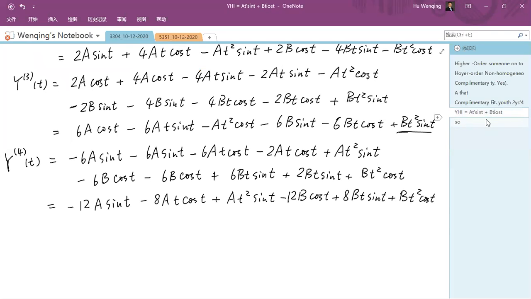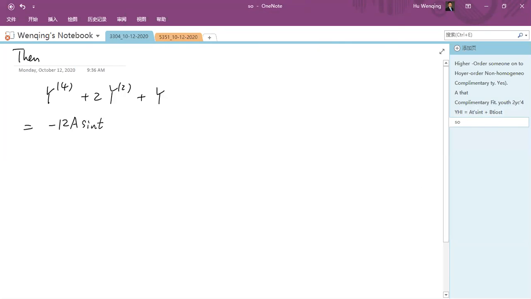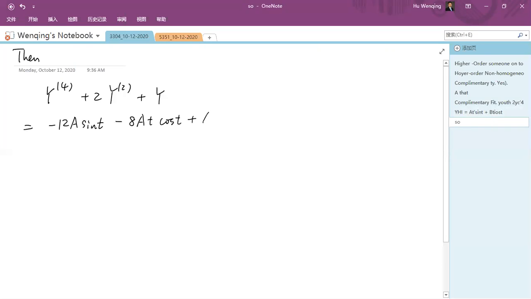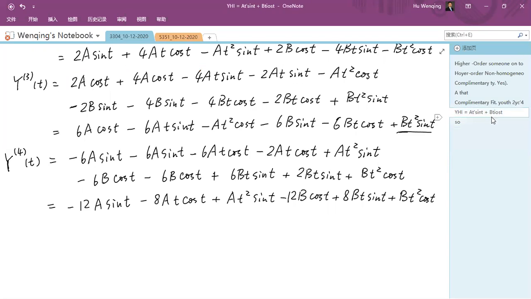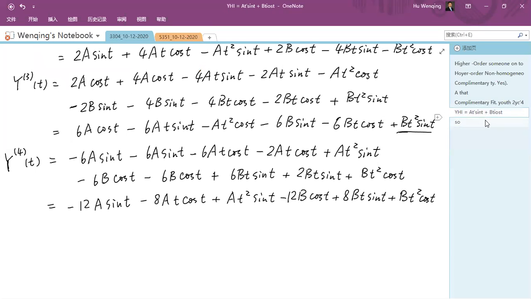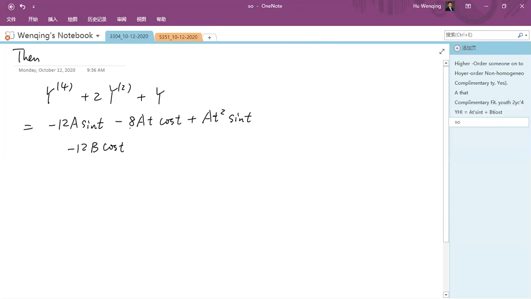Okay, so 12 times a of sine t, and then minus 8 times at of the cosine t, and plus at squared of the sine t. And then it's minus 12 times b of the cosine t.